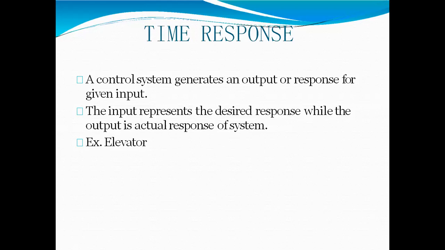So what is your desired value now? You want 6 after calculation. So what input are you giving? 2 plus 4 is your input. And what is the desired output? It should be 6. So when the calculator does the operation, it will produce the output 6. That 6 is nothing but your actual response. In this way we try to understand the concept of time response with respect to the control system.